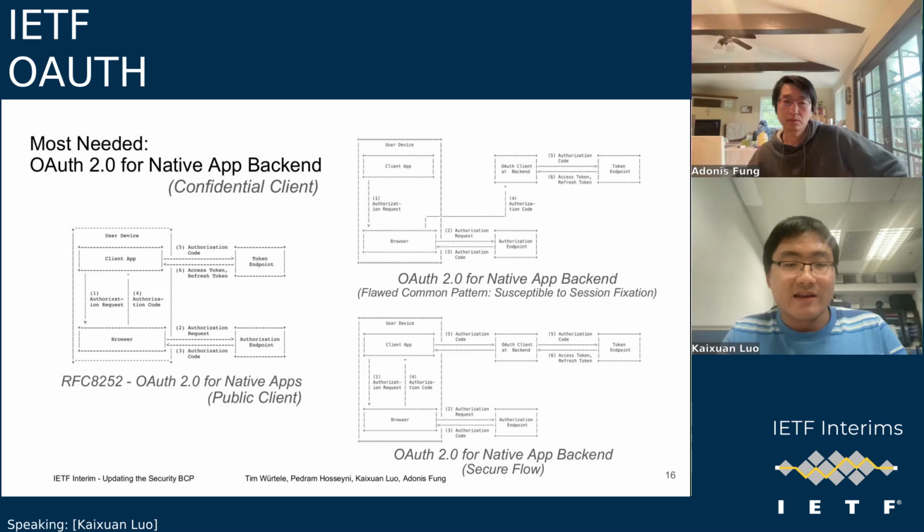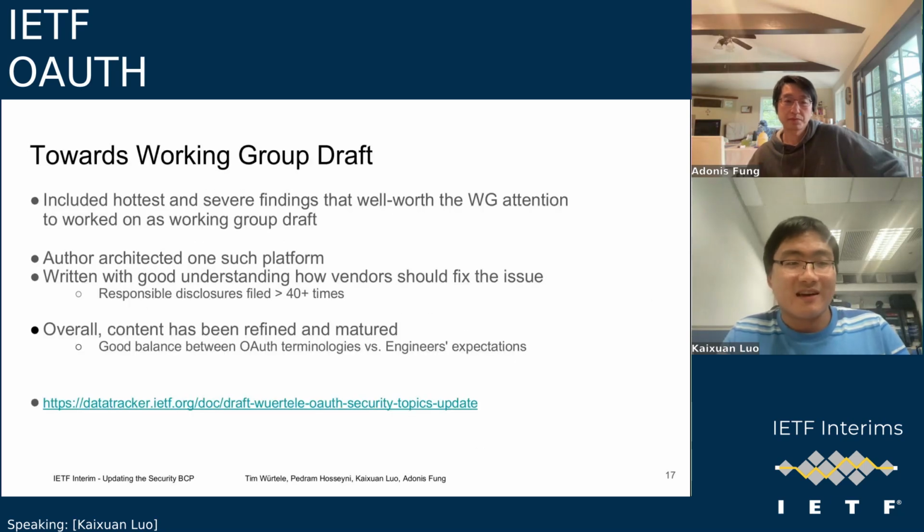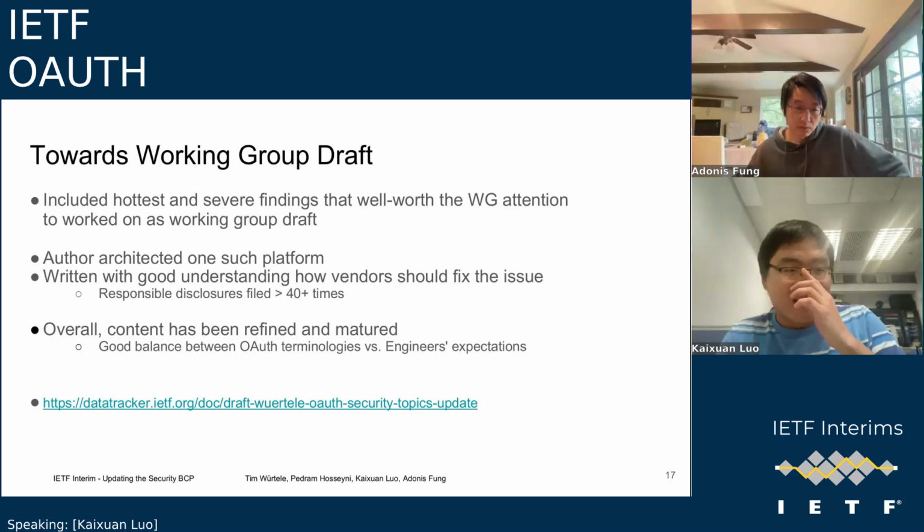So I think that's pretty much what I want to cover for this session fixation issue. And now I'm going to hand it back over to Adonis for a summary.